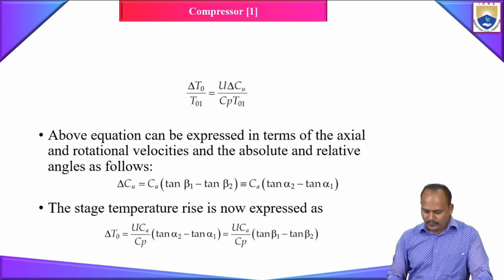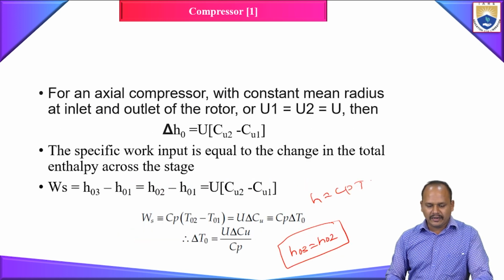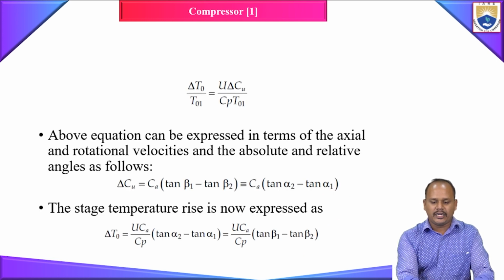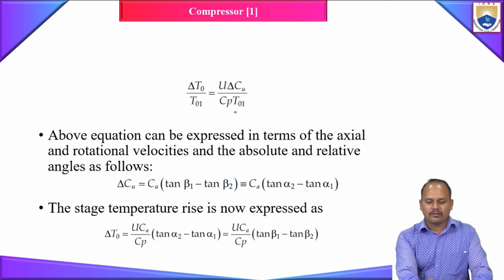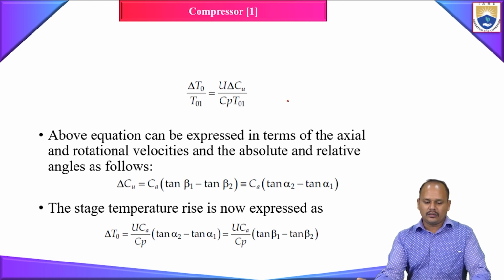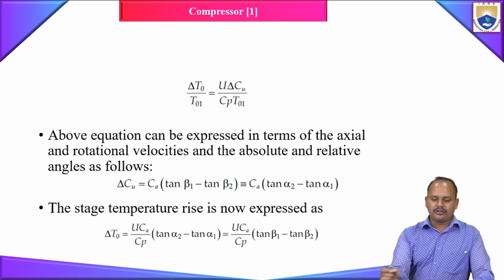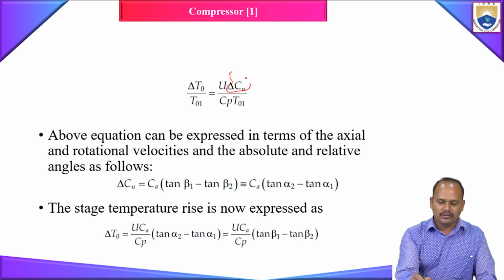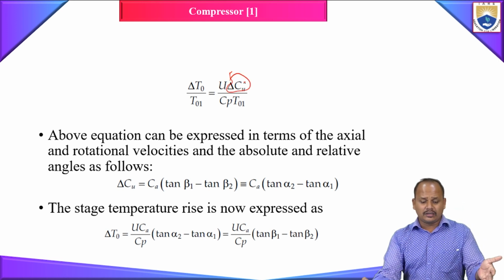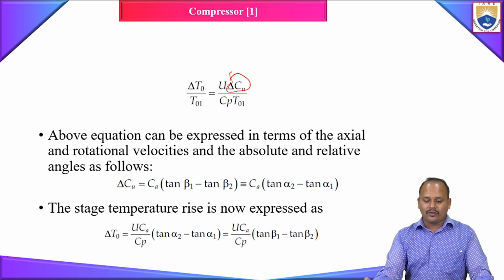Okay. So if I divide this equation by T01, I will have delta T0 divided by T01 is equal to U into delta Cu divided by Cp into T01. Now I'm going to write this delta Cu in terms of our flow angles, that is alpha 1 and beta 1.